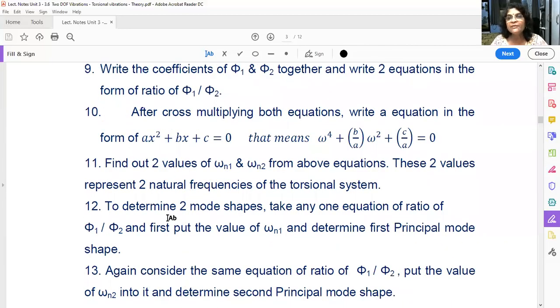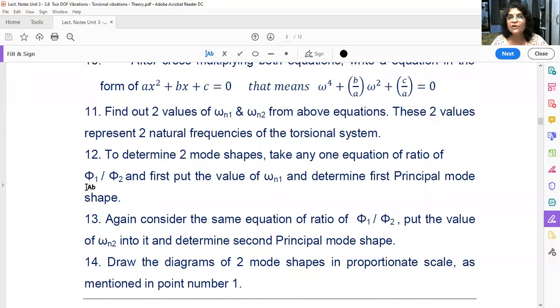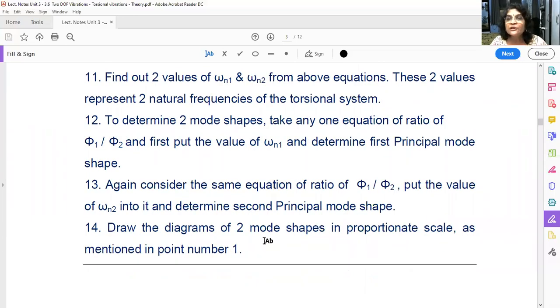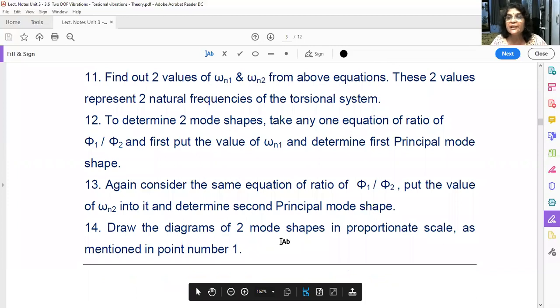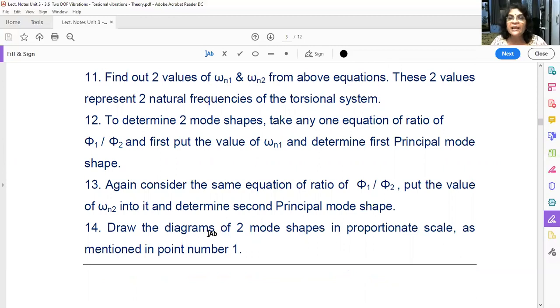Then we determine 2 mode shapes by putting the values of omega n1 and omega n2 respectively in the equation of ratio, that is phi 1 upon phi 2. Finally we draw the 2 mode shapes in proportionate scale, as I told you in step number 1, in diagram number 2 and diagram number 3.